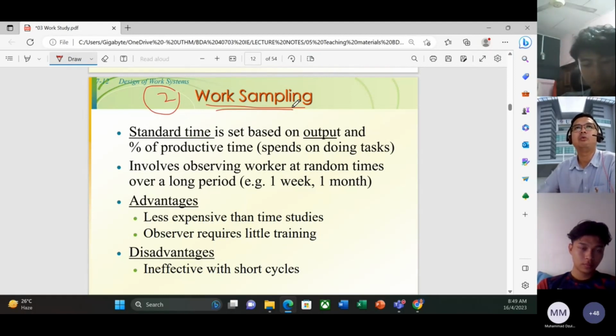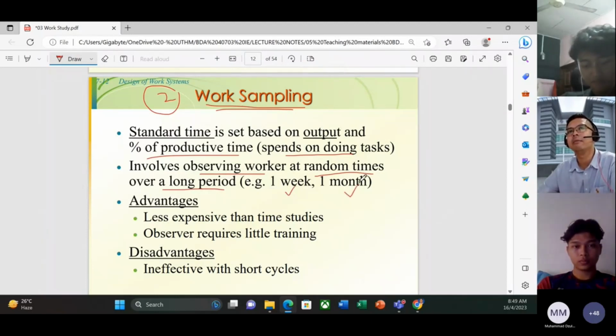So what is work sampling? Work sampling standard time is set based on the output and the percentage of productive time spent performing a task. It involves observing a worker at random times for long periods, for example 1 week or 1 month.